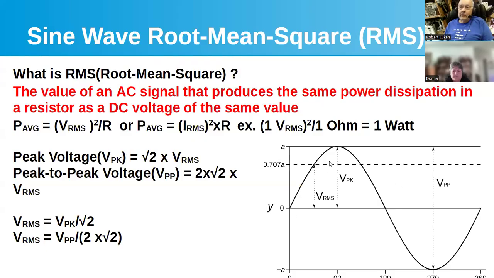Now, if we have a sine wave that goes up to amplitude A on the positive side and minus amplitude A on the negative side, what would the average of that be? A minus A, 0. Well, it's not very useful.